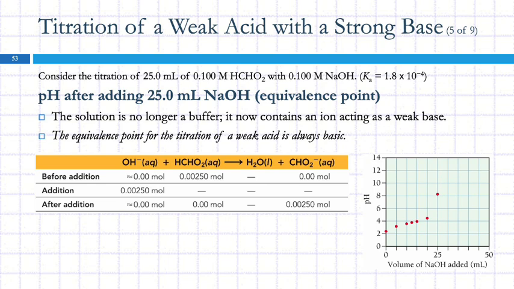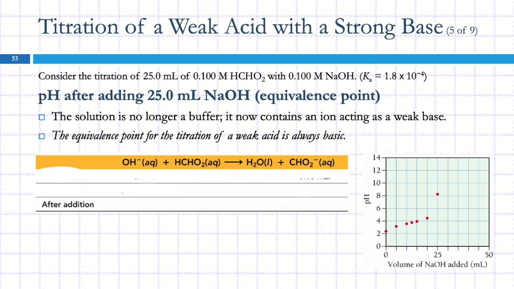Let's look at what happens when we get to the equivalence point. Well, how many millimoles of stuff do we have? We've got 25 milliliters of 0.1 molar acid.